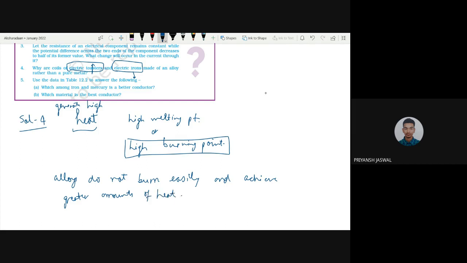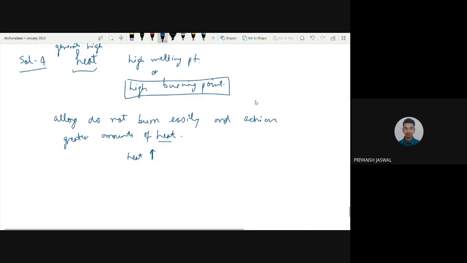So we can generate high amount of heat and our material will also not burn. So that's why alloys are used over the pure metal for heating purposes.